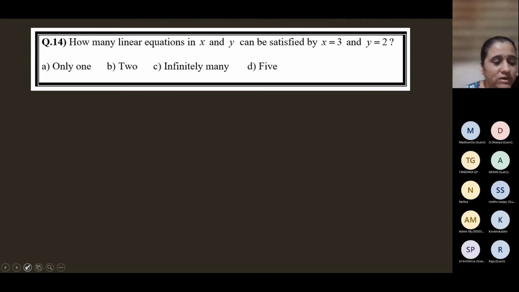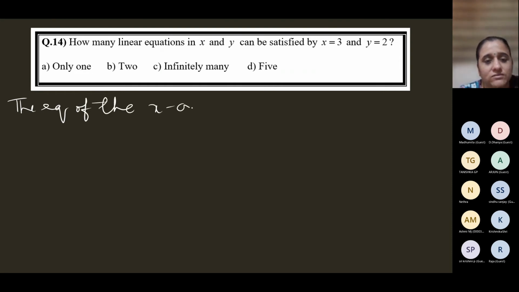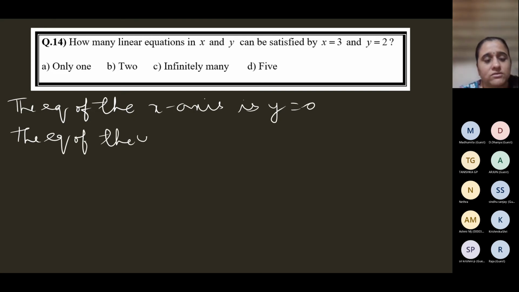I just need some space to write. The equation of the x-axis is y is equal to 0. The equation of the y-axis is x is equal to 0.